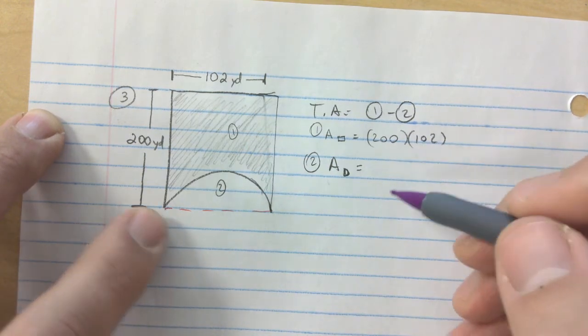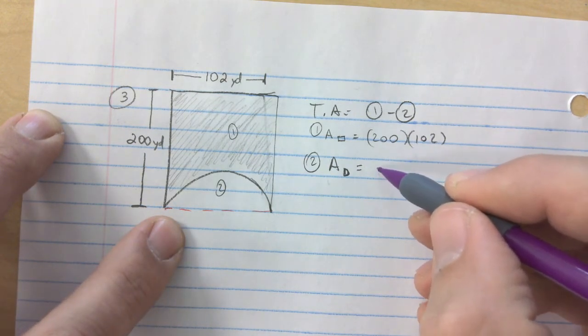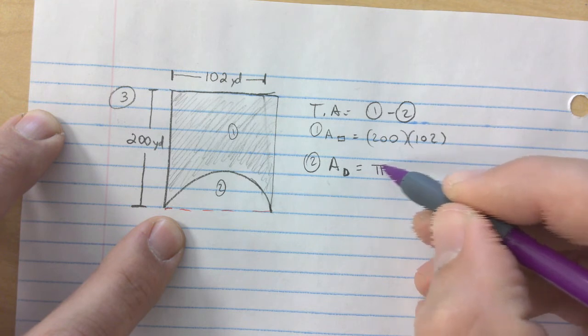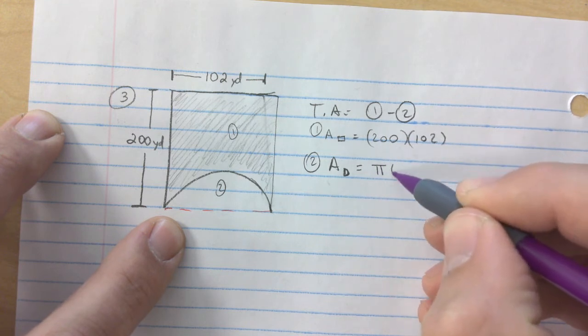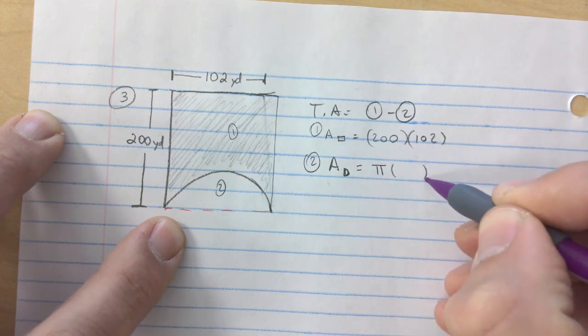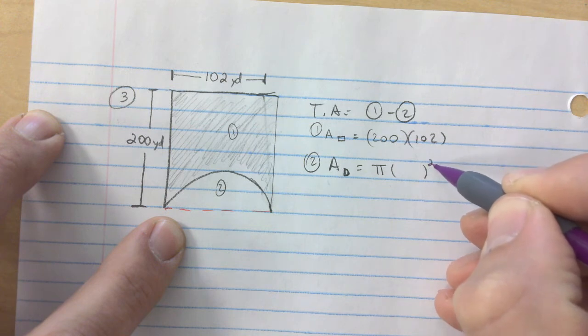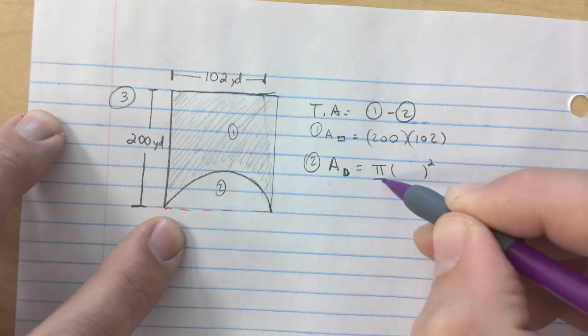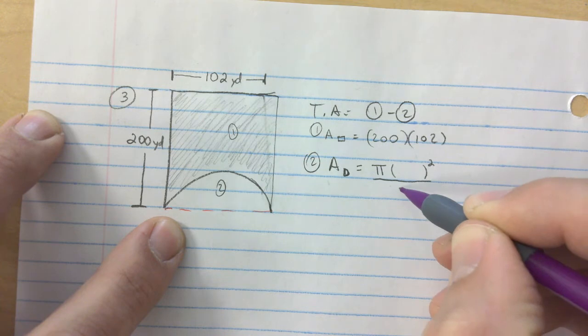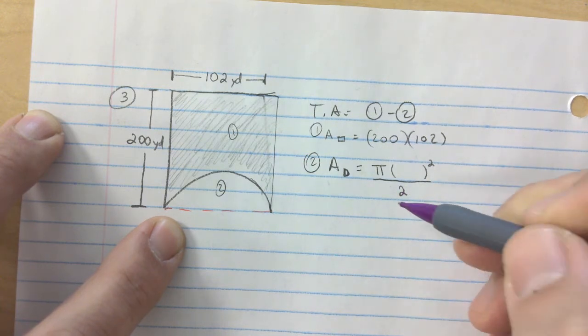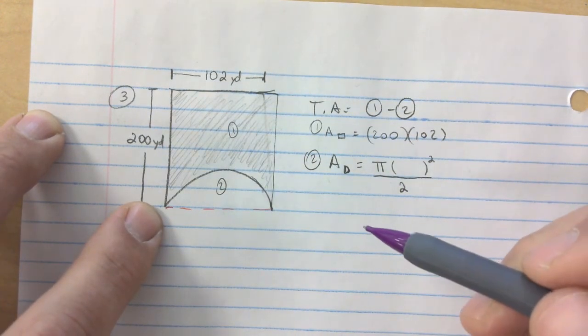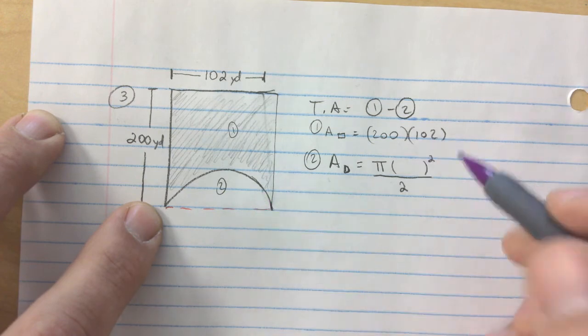And you got to be careful here. So we know that it's going to be pi times the radius squared. So we're going to come up with the radius, square it, and then we're going to take that area and divide it by 2. Okay, because we only have half a circle coming into that shape.